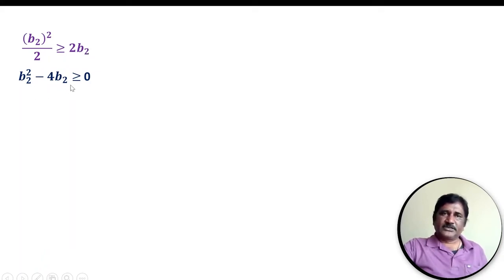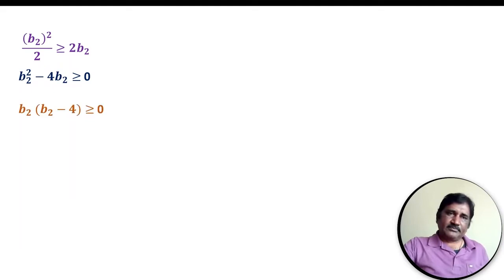So b2 square minus 4b2 is greater than or equal to 0, right? That means I will be taking b2 common, then b2 into (b2 minus 4) in bracket is greater than or equal to 0.